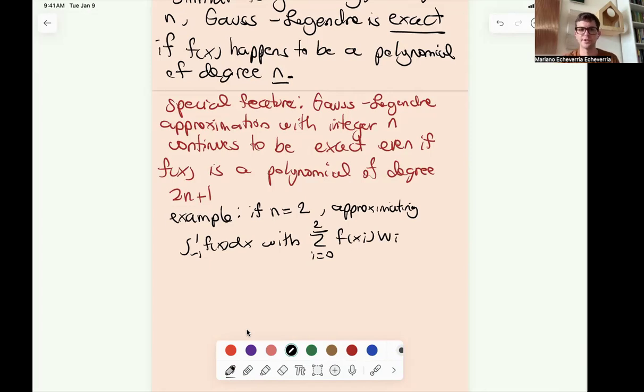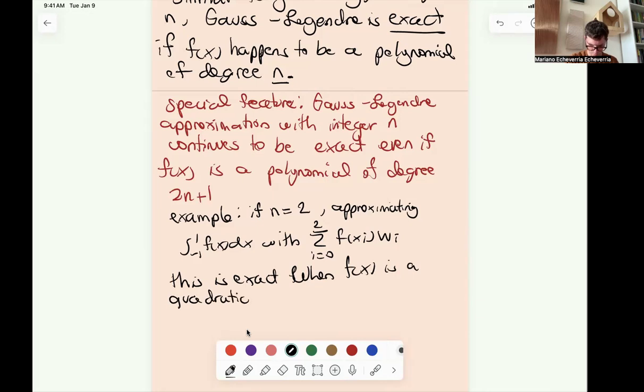What you would expect is that this formula is exact for polynomials up to degree 2, so this is exact when f is a quadratic polynomial. But because it's Gauss Legendre, more is true: it's exact up to degree 5.